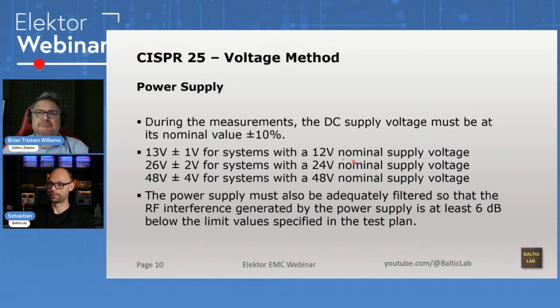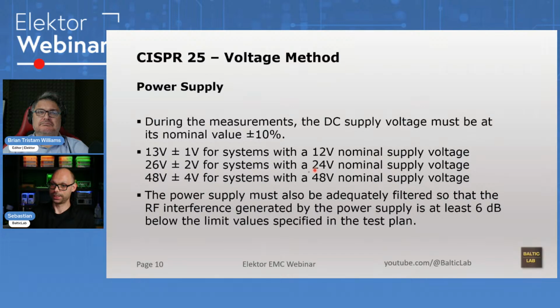For 24-volt systems, like large trucks, it's 26 volts plus or minus 2 volts. You're allowed to use anything within those margins. One thing I'd recommend is that usually the higher voltage will yield the higher emissions. So if you want to make sure that you're below the limits, then use the worst case that you can possibly create.